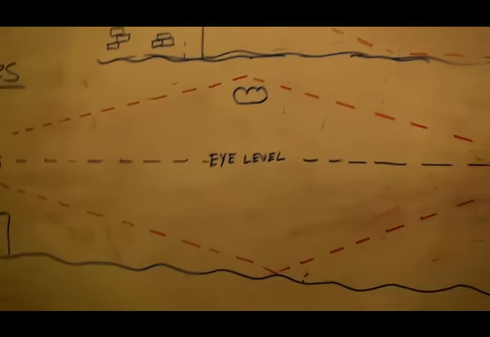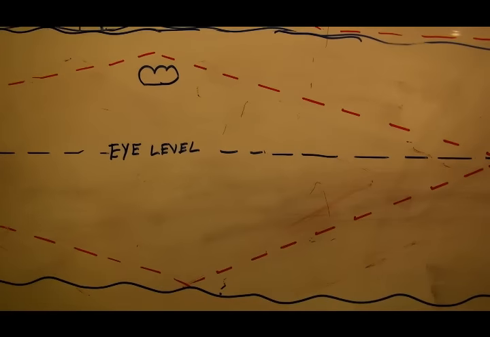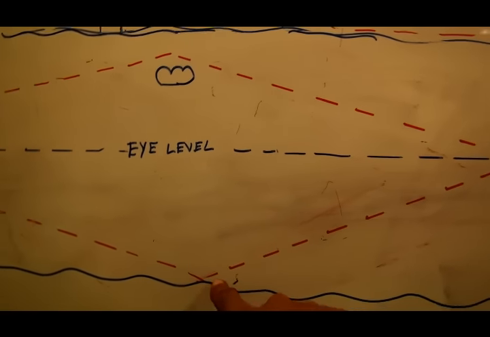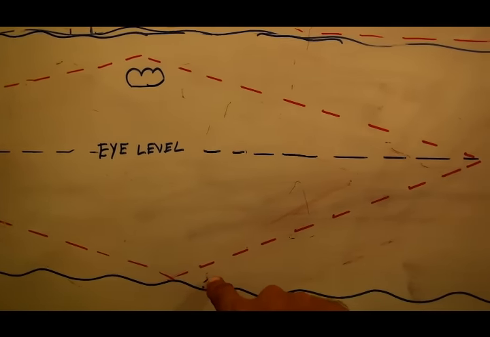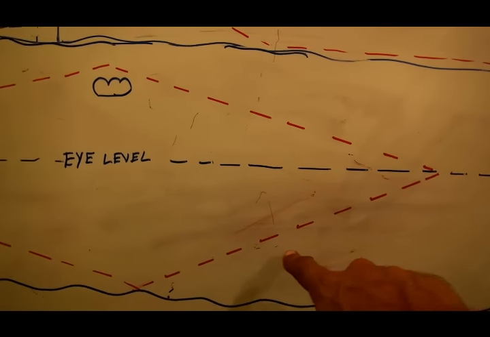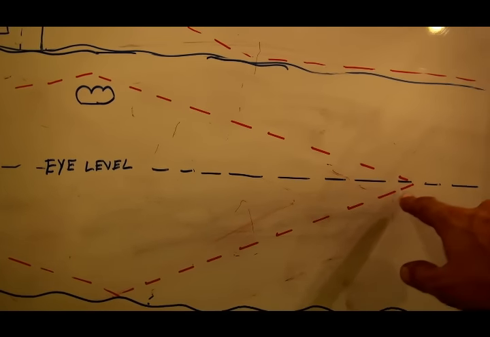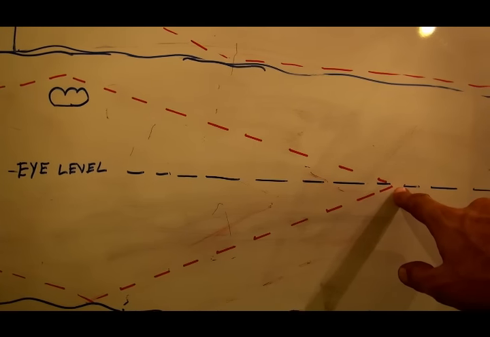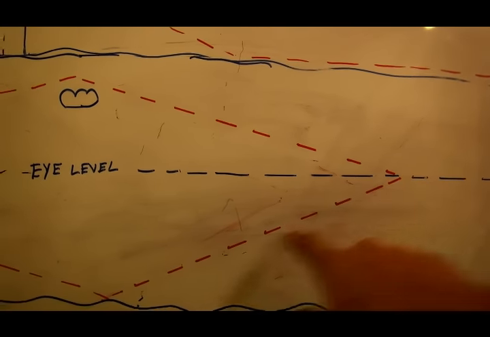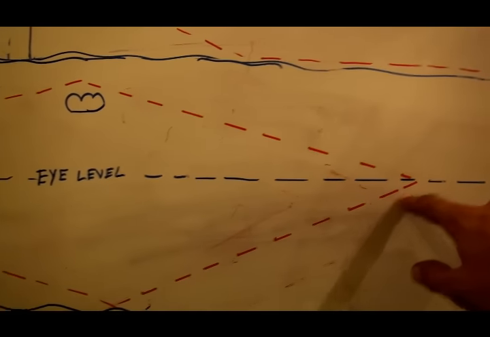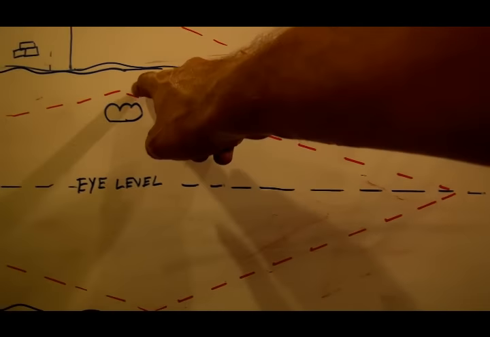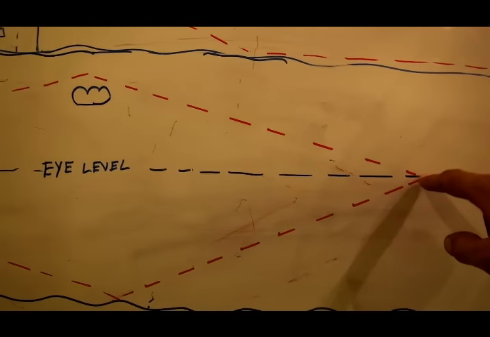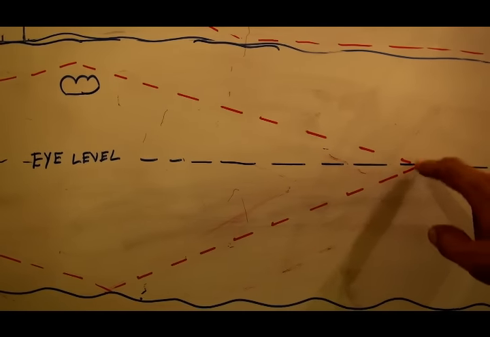Okay. So something has to happen in our eyes. Our vision has to create this point to the horizon. It has to bring the water up to the horizon, and it has to bring the sky down to this horizon.